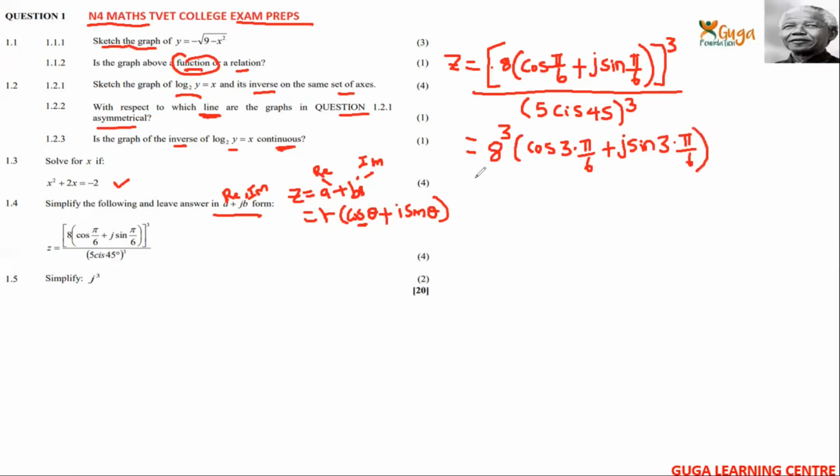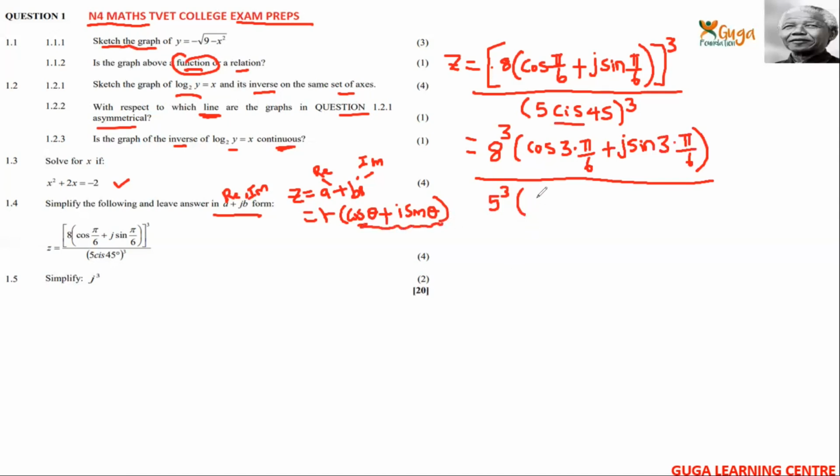And then here at the denominator, you can take 5 out, it's going to be 5 to the power 3 into cis 45 cubed. This is a short form of what is inside.